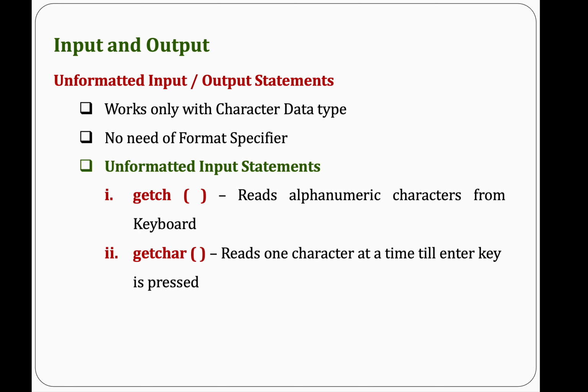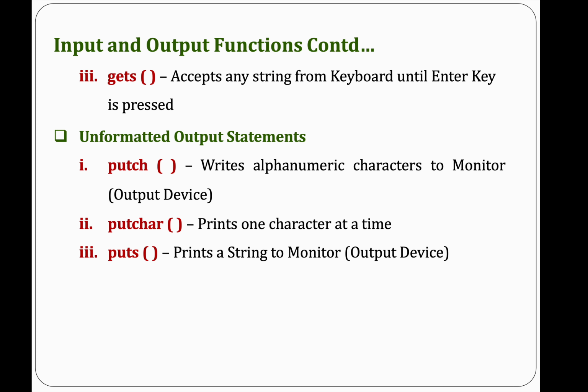We'll see with an example. And gets reads a string from the keyboard until the enter key is pressed. It is gets, so get the string. So getch, getchar, gets, and getche is there.